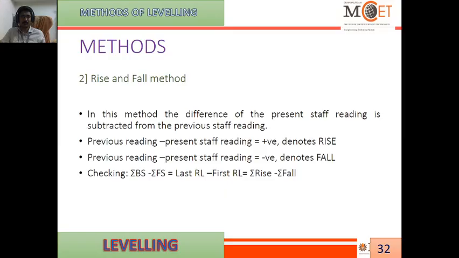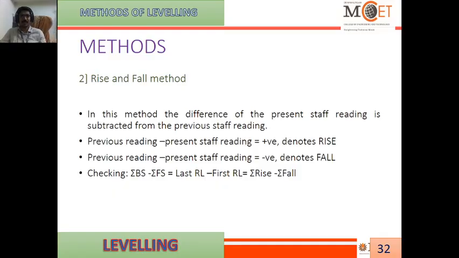Then the other method is the rise and fall method. From the name itself you can determine which point is rise and which point is fall. In this method, the present staff reading is subtracted from the previous staff reading. So previous reading minus present staff reading, if it is positive, denotes rise.